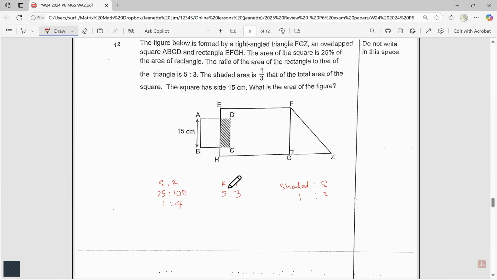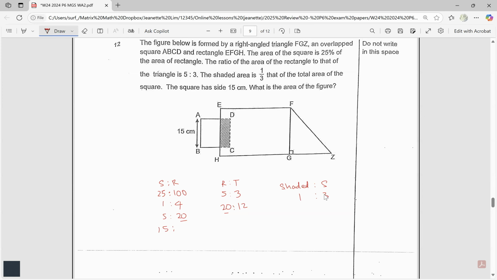Now common base. Firstly, our rectangle, 4 and 5. Change it to 20. Then next we want to make the square the same. This is a 5, this is a 3. So we want to change to a common multiple. 5 and 3 common multiple is 15.